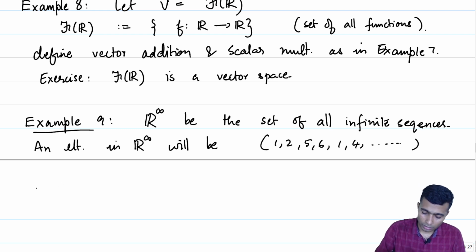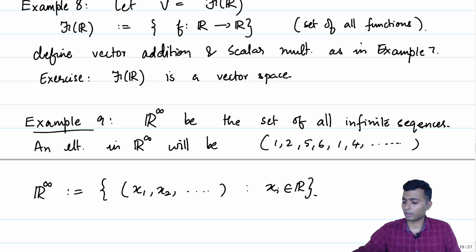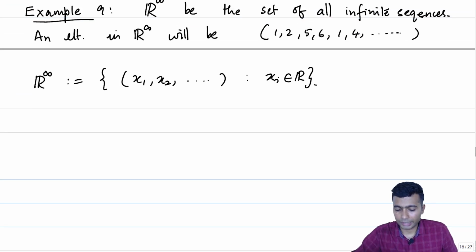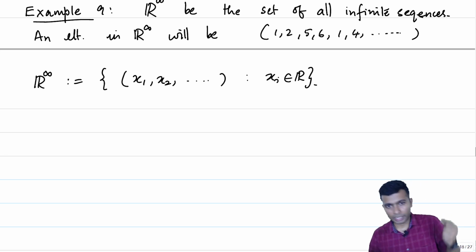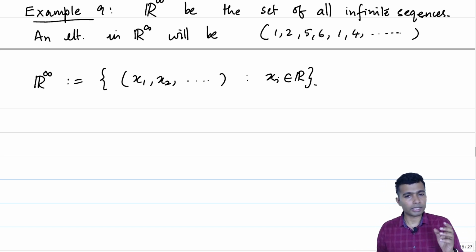So, formally R infinity is just the set x1, x2, dot, dot, dot, such that xi belongs to R. And how do we define vector addition? Again, pointwise, just like how we define it in Rn. Define vector addition and scalar multiplication in R infinity as well, and check that it is a vector space.